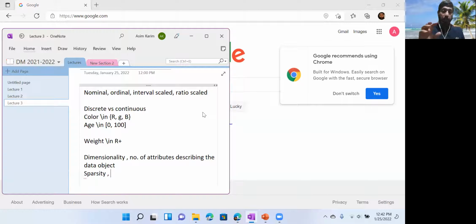So sparsity in general means that you need to know in which regions of your data set you have fewer examples, and in which regions you have more examples. And if you have lots of regions with few examples, then you would know that your data set is not sufficient for analysis. So that is sparsity.